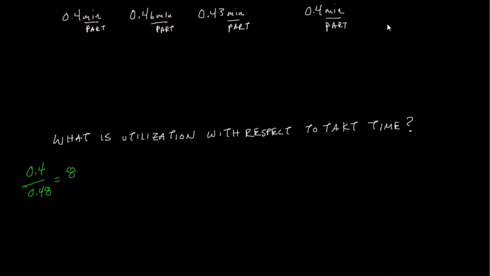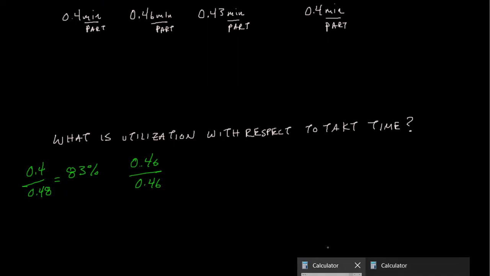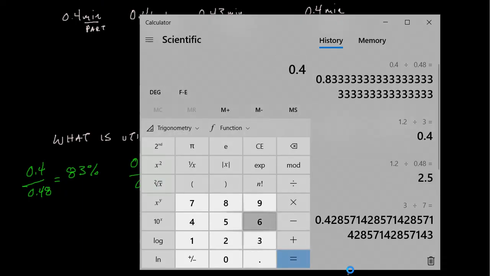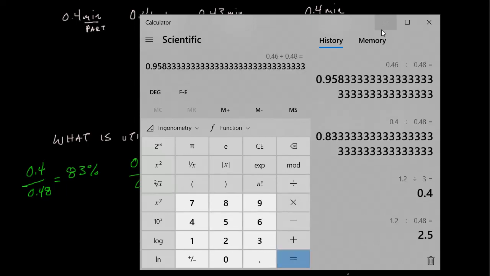So the shear operator is working at 83%, what they could be based on the throughput rate. The brake operators, there's 2 of them, are working at pretty good utilization here. 0.46 divided by 0.48, so that's about 96%.